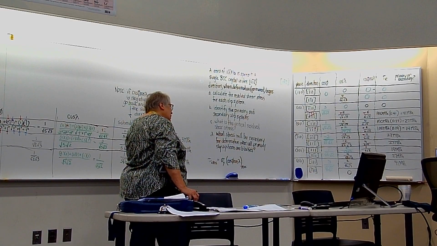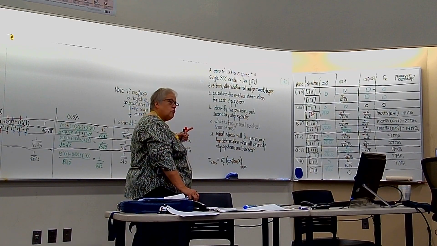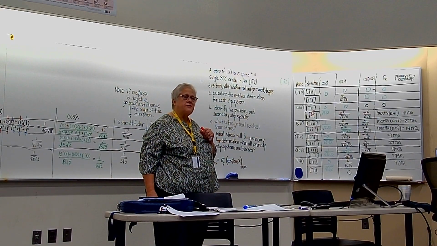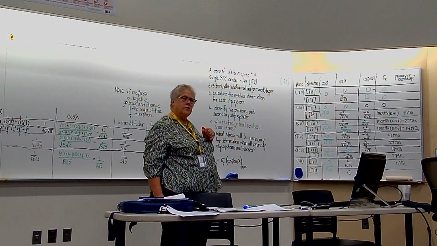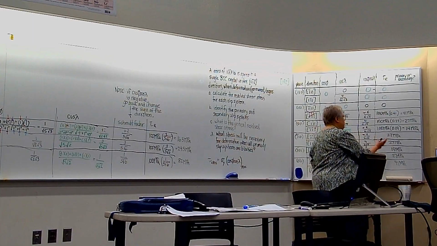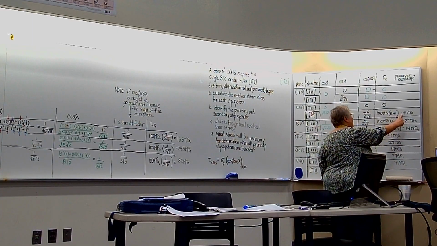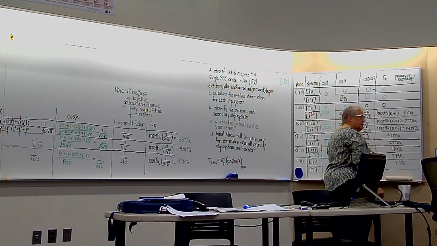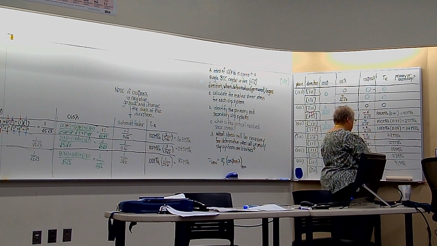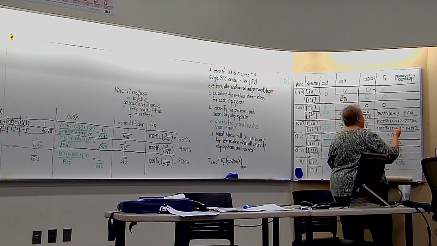Which means wherever the resolved shear stress was highest, it was high enough to cause deformation. So the resolved shear stress is highest here and here. So those are primary slip systems, the ones that have the highest value of cosine phi, cosine lambda. So I'm going to mark them with a P for primary.